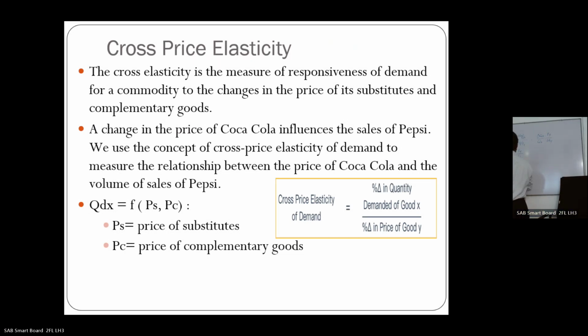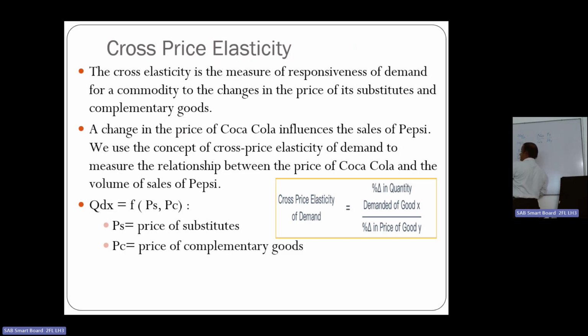That is the cross price elasticity: the percentage change in quantity demanded for X when there is a change in the price of Y.